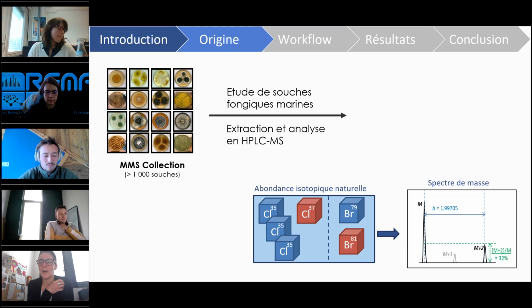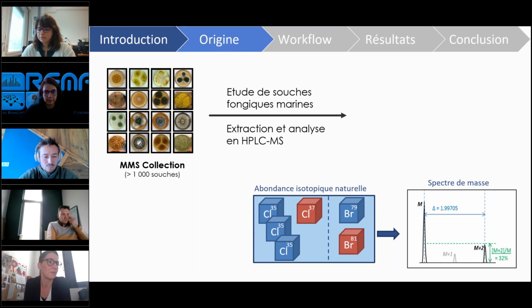We developed a script to look at whether those halogens, especially chlorine and bromine, have a typical isotopic pattern, because you have an abundant isotope in nature.